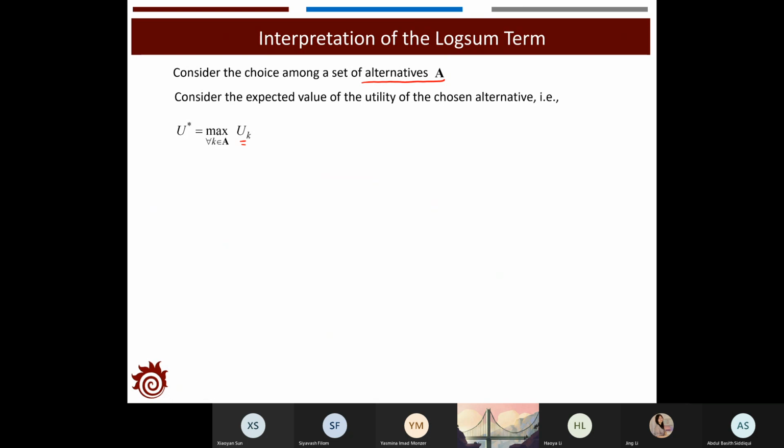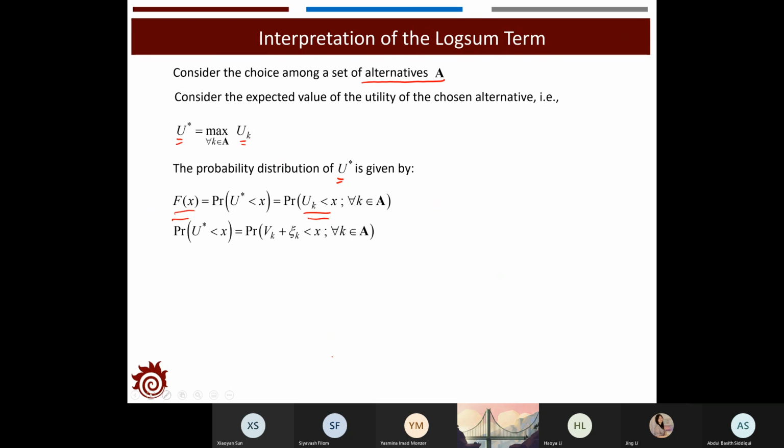If we choose one from this set of alternatives, the utility will be the maximum of all the different alternatives in the set. That's what we always assume for the discrete choice model. And now we can find out the probability distribution of U star. To do that, the cumulative distribution function is the probability that U star is smaller than X, which means that all the utilities must be smaller than X.